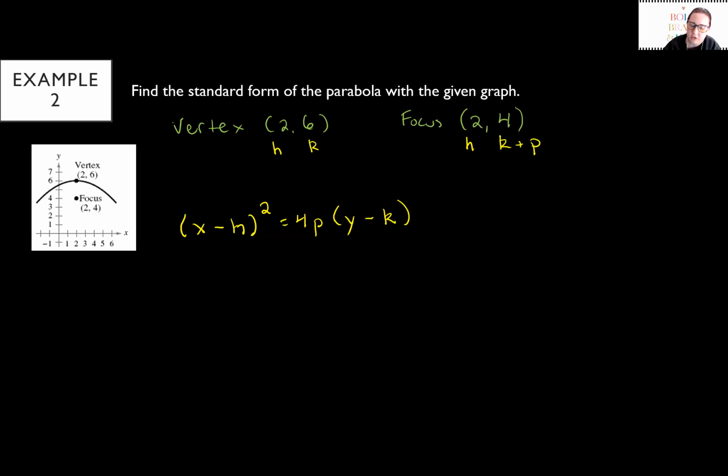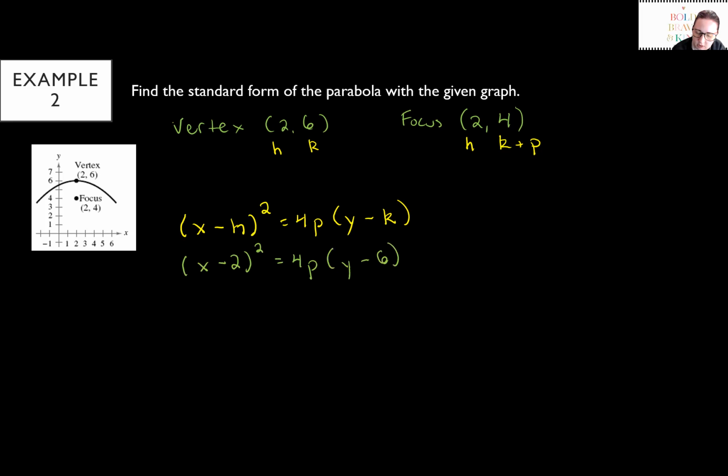That information is going to be needed so we can find out what p is. So I can start by plugging in my values for h and k into my formula. So I have x minus 2 squared equals 4p times y minus 6. And we still need to find p.